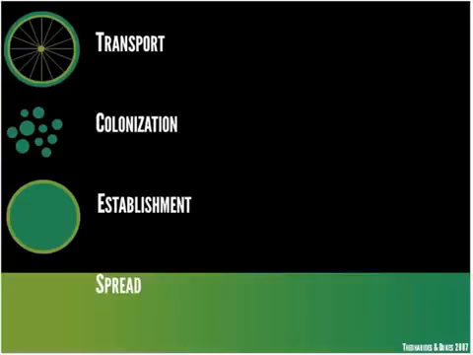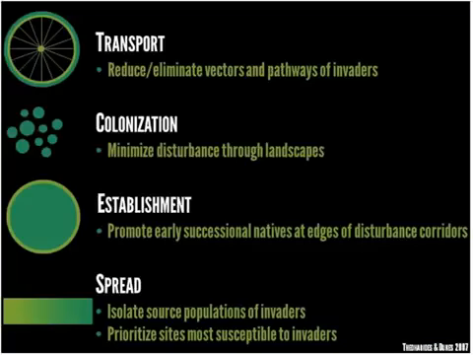And for each of these steps, there are different strategies that you can employ to reduce invasive plants at those stages. So we can help to identify how invasive plants are getting here and reduce those factors. By minimizing disturbance in the landscape, we can help prevent which species can colonize there.